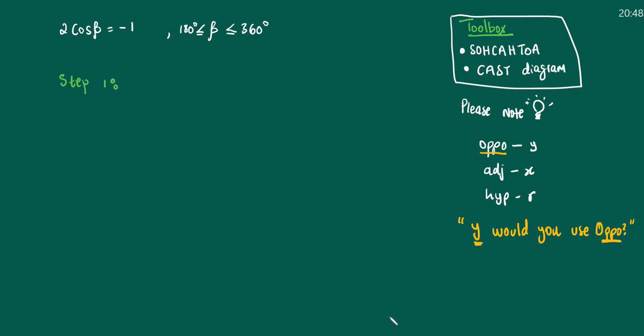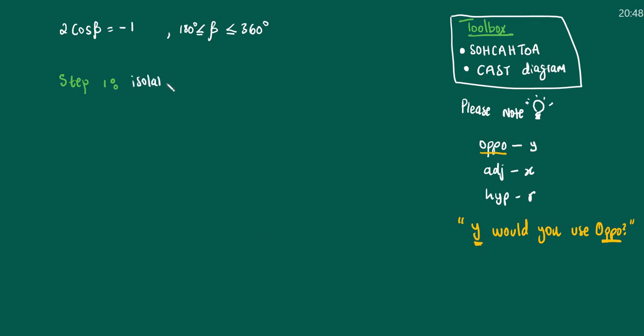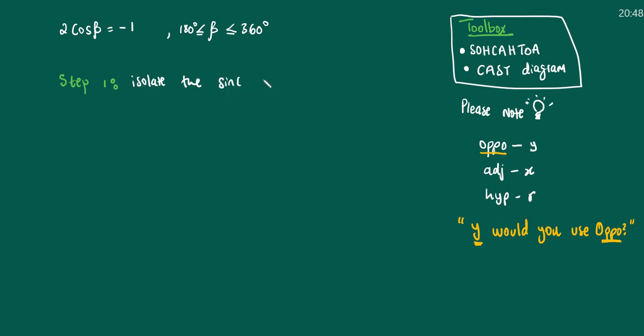Step number 1: isolate the sine, cos, or tan ratio. But please, it must have an angle, so I'll put brackets here to remind ourselves that you must have a certain angle inside. Let's say isolate sine bracket, cos, or tan.